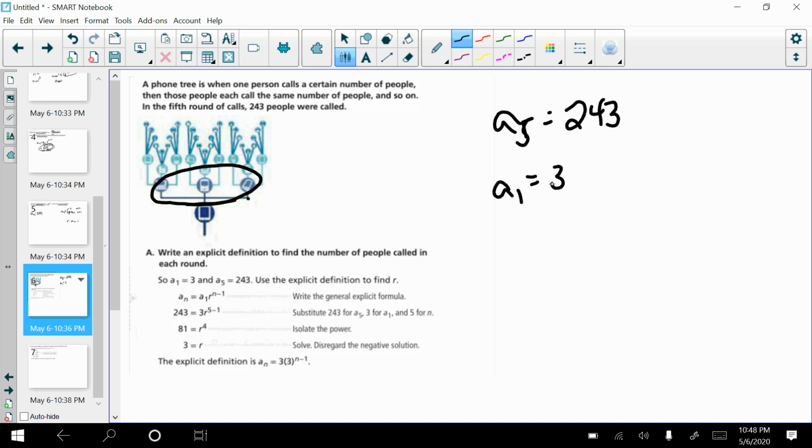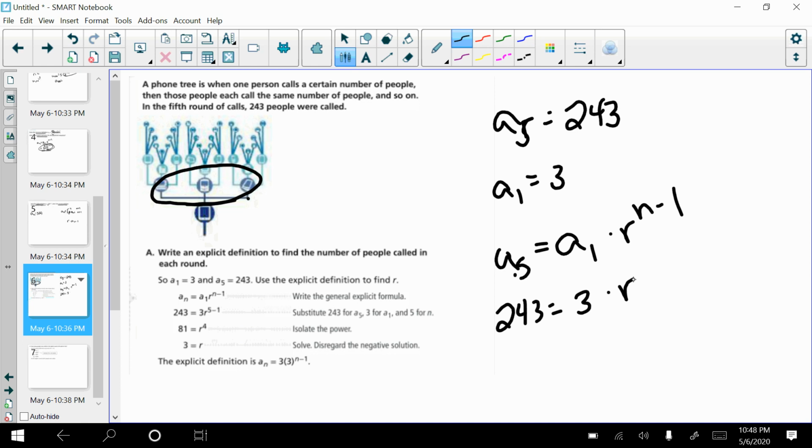So using that information, I can find my common ratio, which is what they did here. If you know A5, A5 should equal A1 times R to the n minus 1. I know A5 is really 243, and A1 is 3.